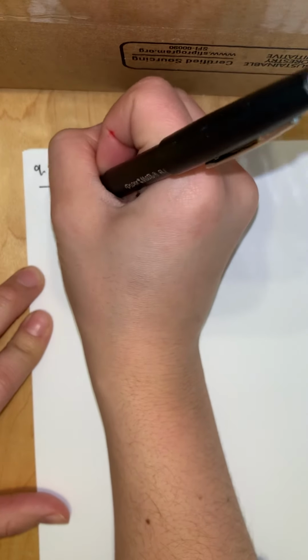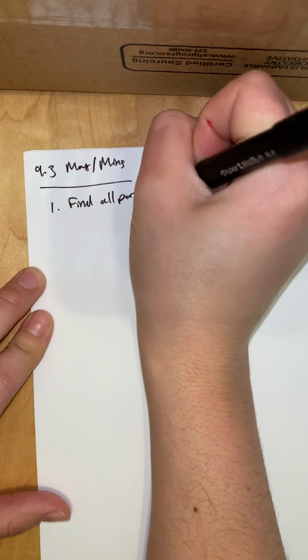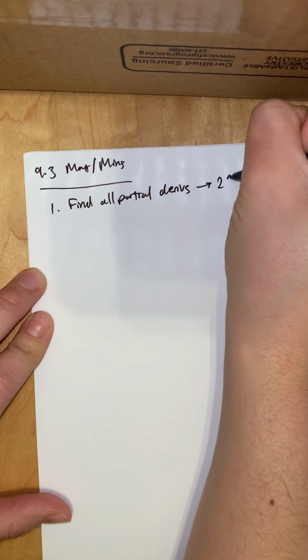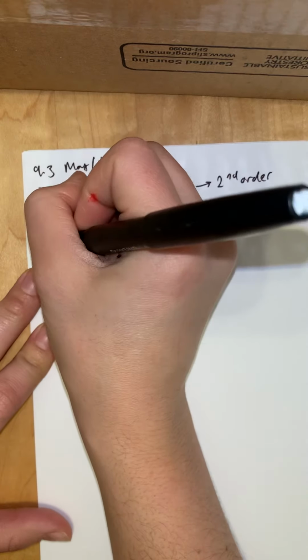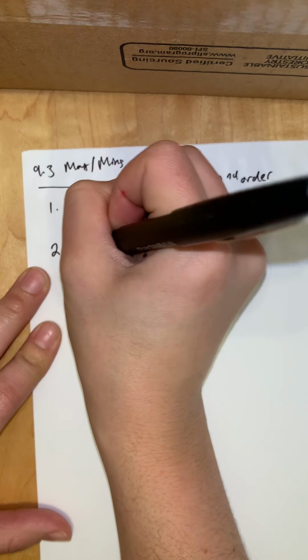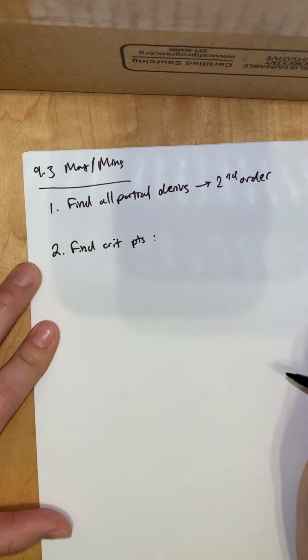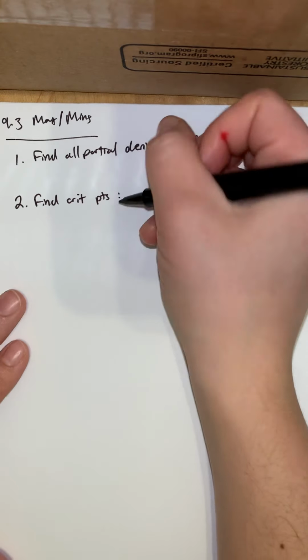Step 1, we're going to find all of our partial derivatives. I want to go up to the second order to be clear. Step 2, I'm going to find my critical points. I did this slightly differently in the notes that are posted online. So find our critical points.